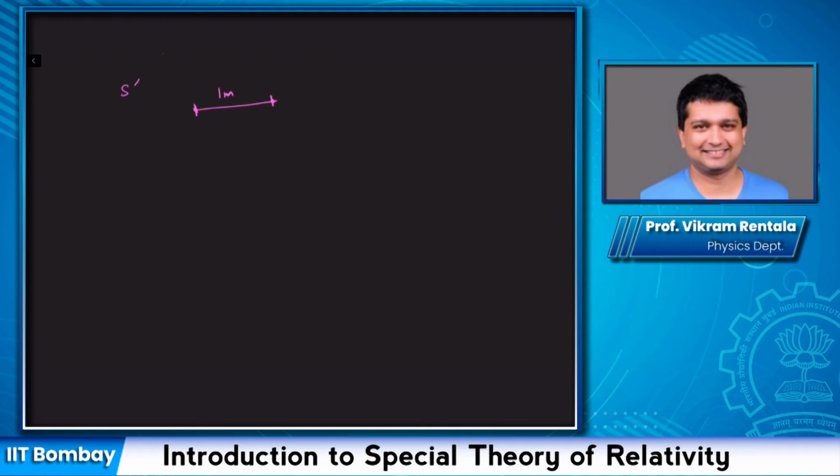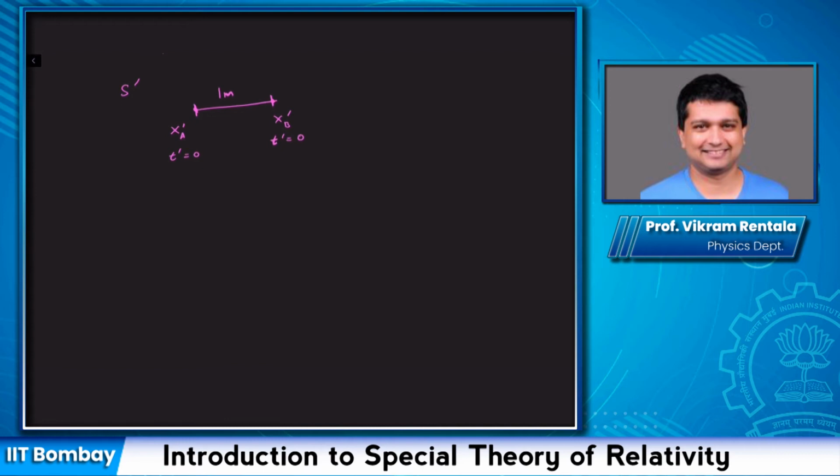When they say the length of this rod is 1 meter, what that means is that they locate the endpoints of the rod at the same instant of time as measured by the synchronized clocks on the train. That is, they locate one end of the rod at XA prime and the other end at XB prime, both at the same instant, t prime equal to 0, according to their synchronized clocks.